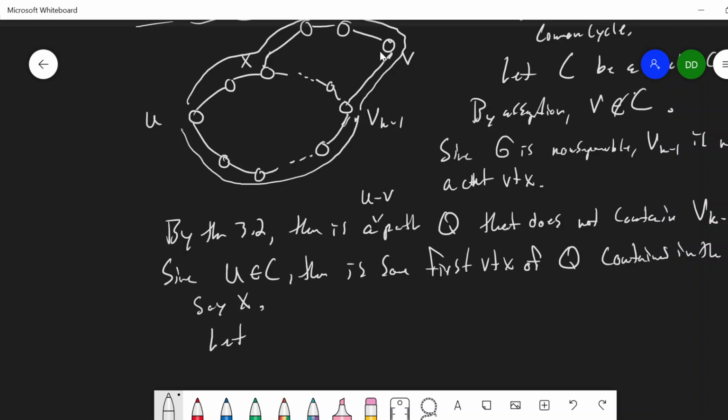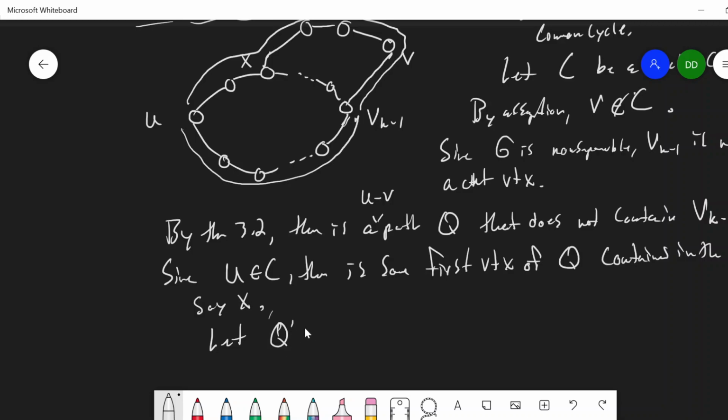Q is this path from U to V. So let's let this little bit from V to X be called Q prime.